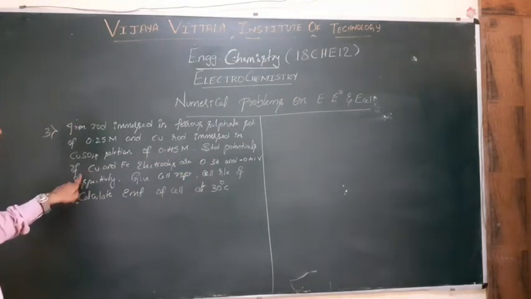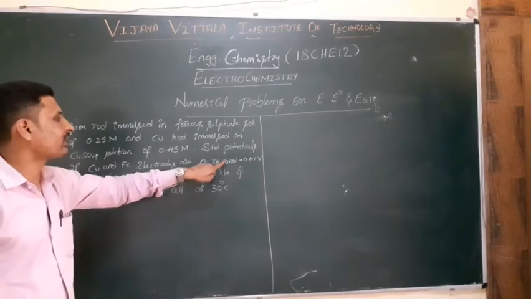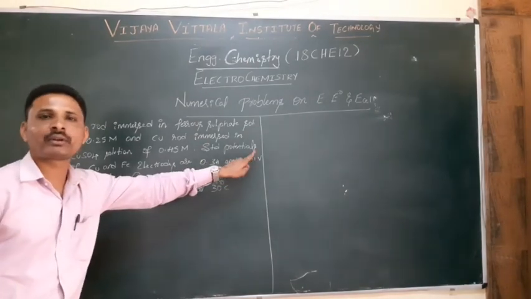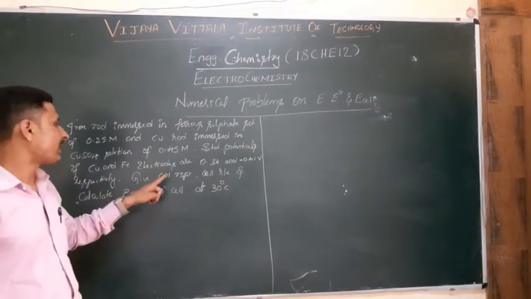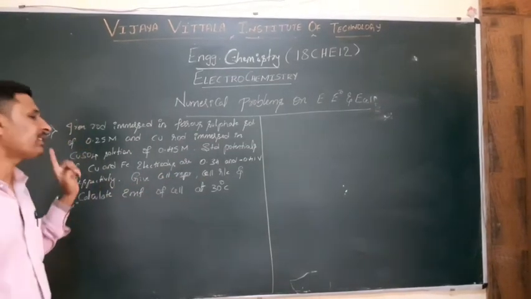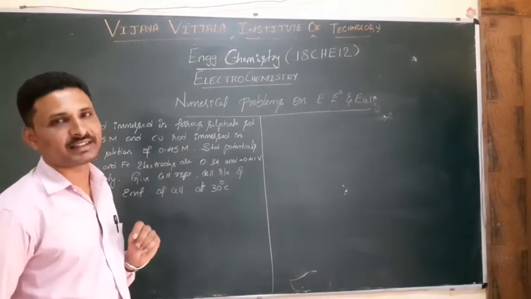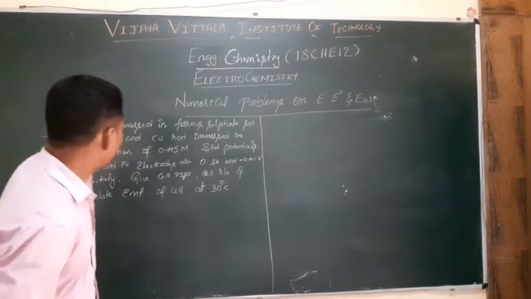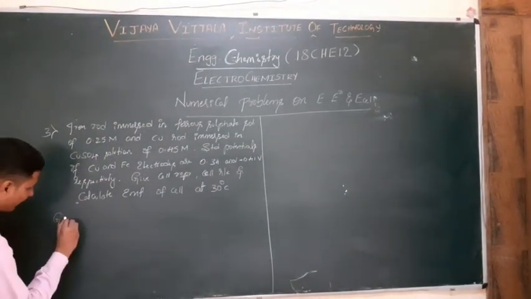Standard potentials of copper and iron electrodes are 0.34 and minus 0.41 volt respectively. Give cell representation, cell reaction, and calculate the EMF of the cell at 30 degrees Celsius. First you need to write the given data.